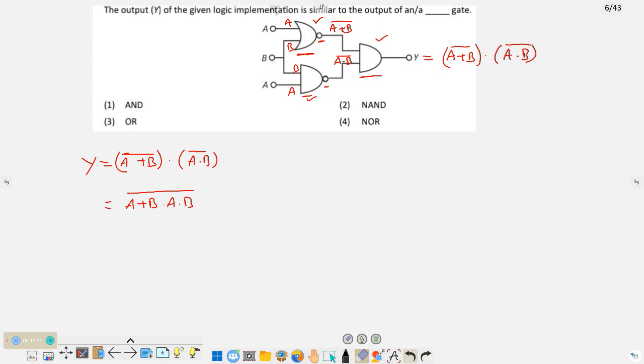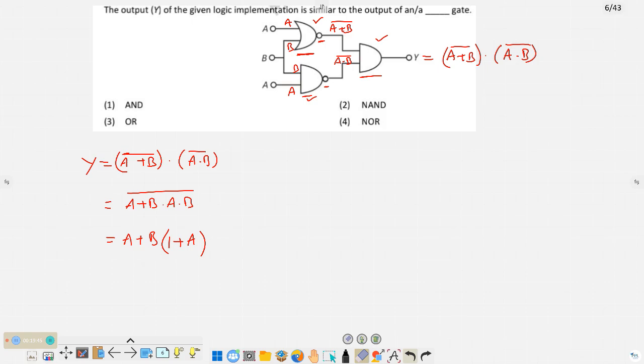In this, what can I take common? If you take B common, you are going to get 1 plus A.